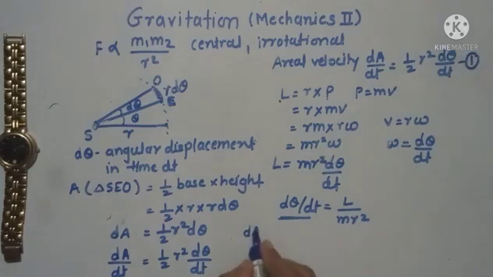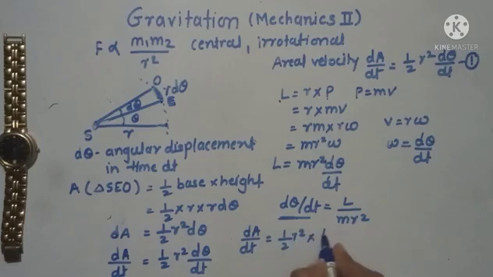Therefore, the equation for dA upon dt will become 1/2 r square into L upon m r square. So this r square will get cancelled, and L upon 2m will be dA upon dt, which is nothing but the areal velocity.